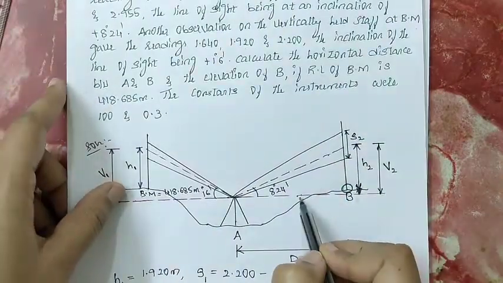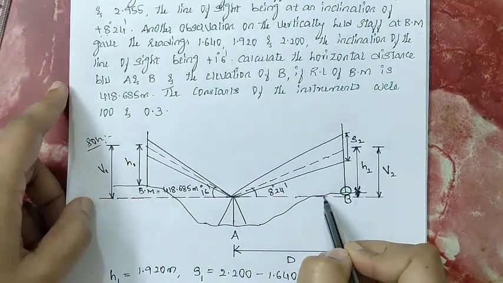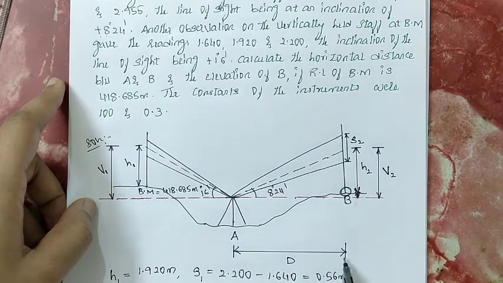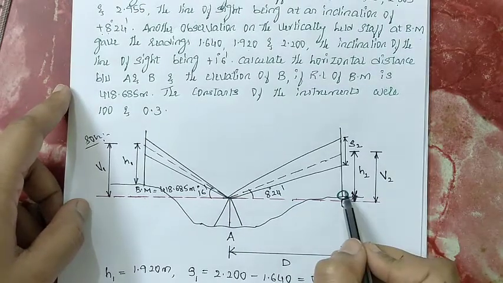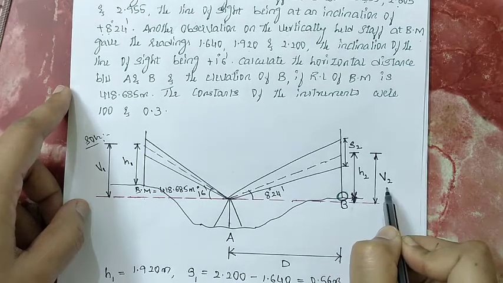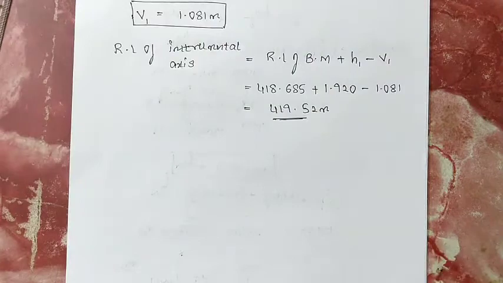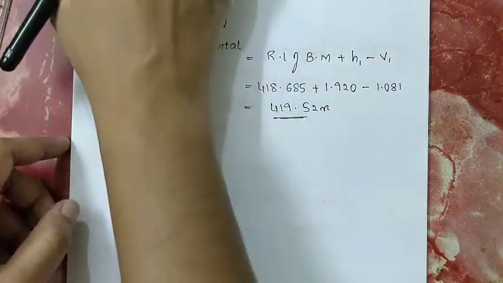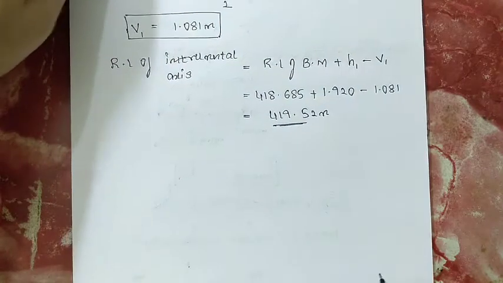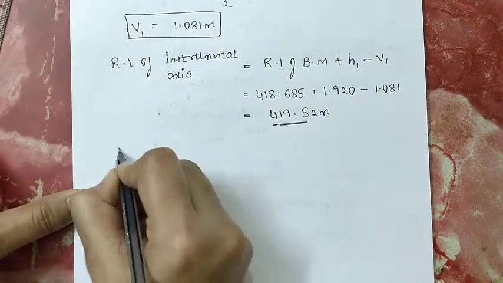Now, by taking the reference of the RL of instrumental axis, your aim is to calculate the RL of B and the distance between A and B. Before calculating the RL of B, you need to calculate the vertical component V2.